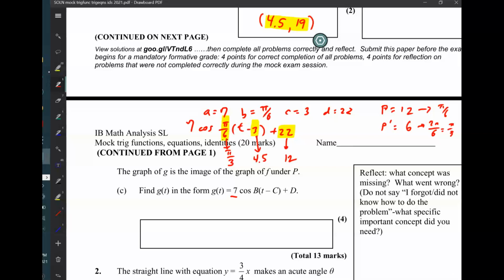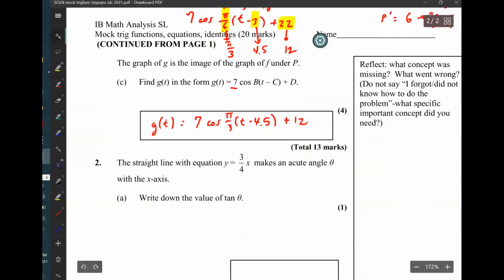No. So the only thing that affects the D value is the vertical translation of down 10. So there's all of our changes. So I'm going to write it down here. So g of t is equal to 7 cosine pi over 3 (t minus 4.5) plus 12.